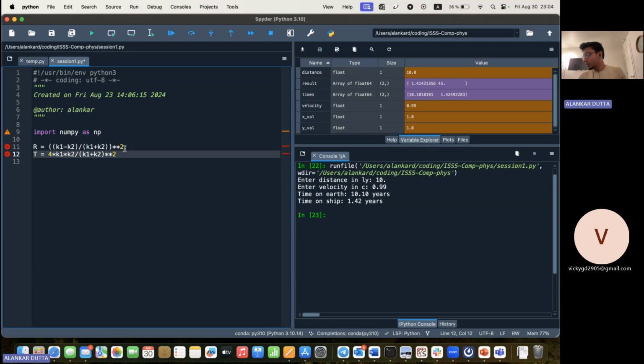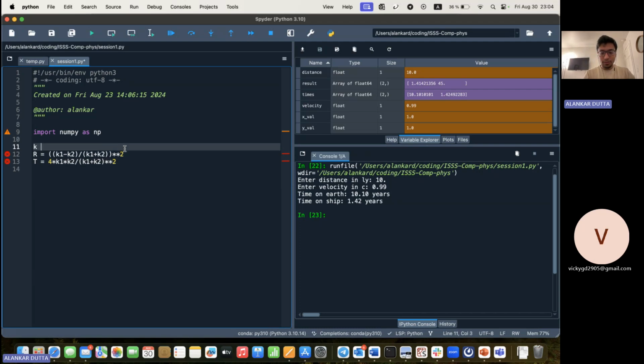Okay, so now we have to define what this K1 and K2 are, right? This is already given in the question as well.